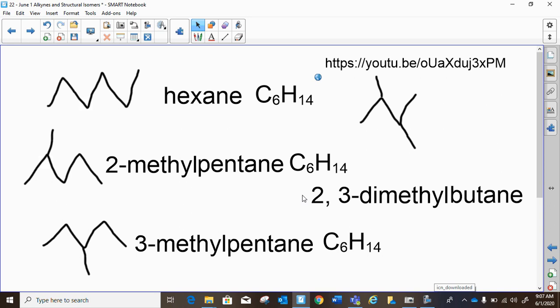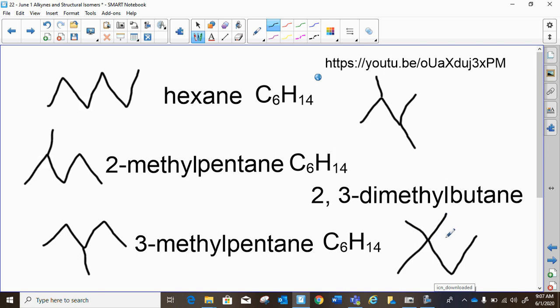Now I told you there were 5, so there must be one more. So let's try that butane again. 1, 2, 3, 4. But instead of putting the methyl groups separating them, let's put them both on the same. Okay, that still gives carbon a maximum of 4 bonds, which is okay.